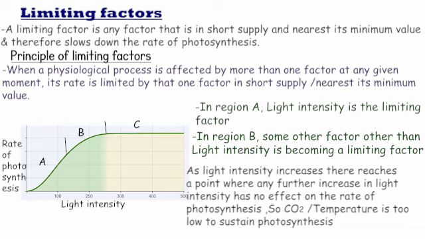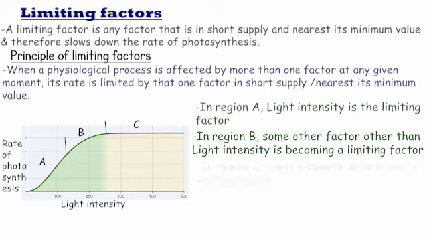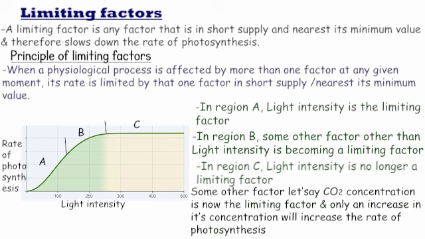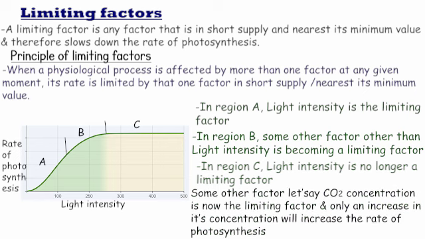So carbon dioxide or temperature or any other factor is too low to sustain photosynthesis. So here light intensity and another factor are limiting factors. And then finally we have region C. Now in region C, light intensity is no longer a limiting factor. Now here some other factor, let's say carbon dioxide concentration, is now a limiting factor, and only an increase in its concentration will increase the rate of photosynthesis.